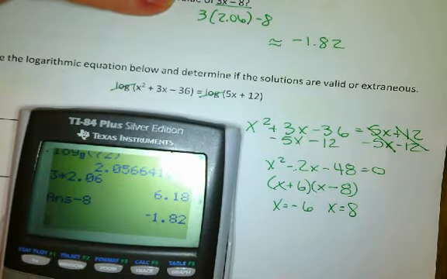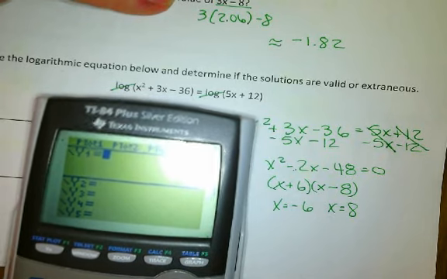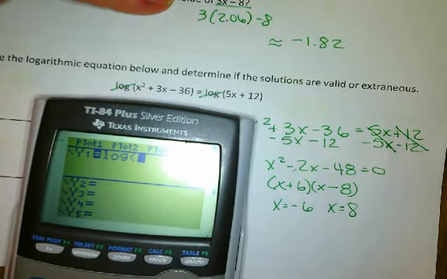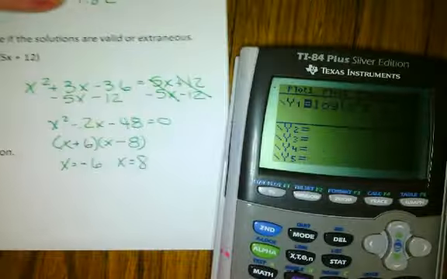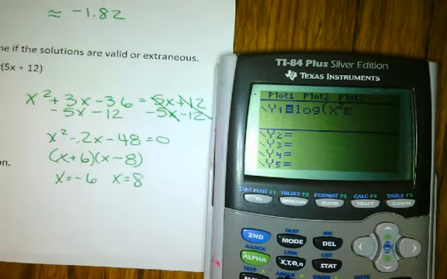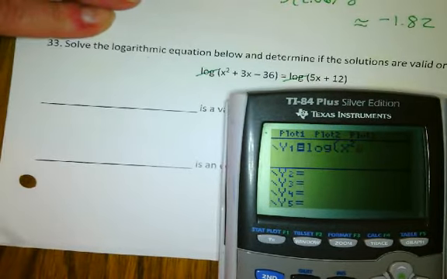Now, one way to check this is if I come over here and do log x squared. I'm just typing it into y equals. Hold on one second, let me get the calculator in a good position.